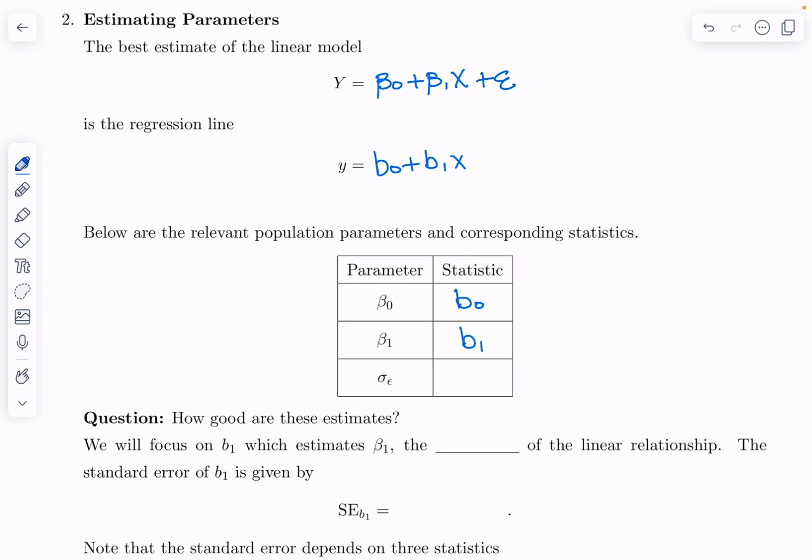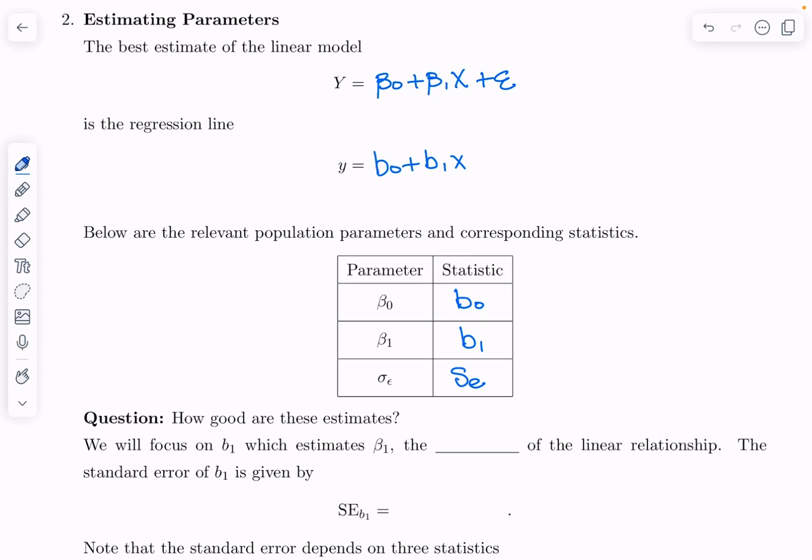And sigma sub epsilon, which is our standard deviation for our linear model, is going to be best estimated by our residual standard deviation, S sub e. Now, a natural question to ask is, how good are these estimates?